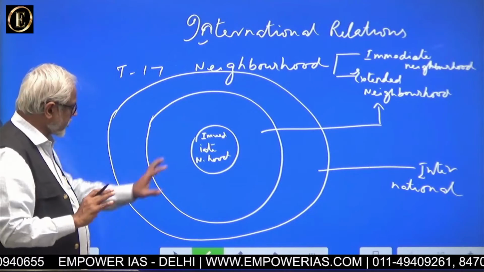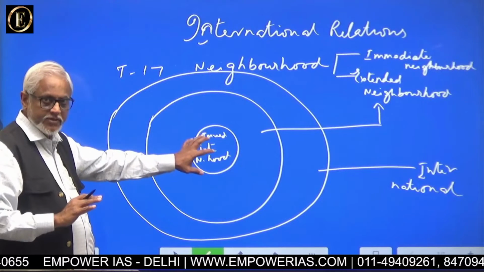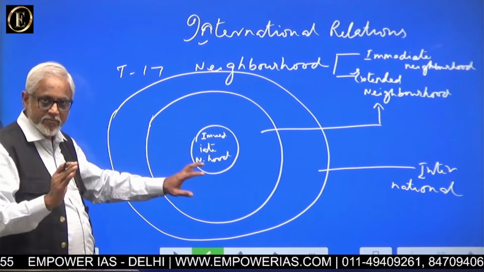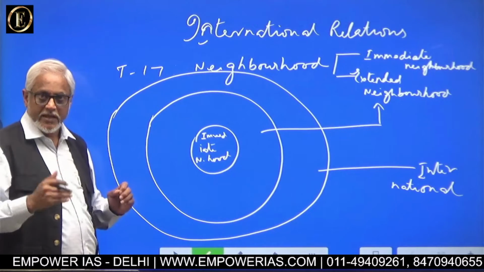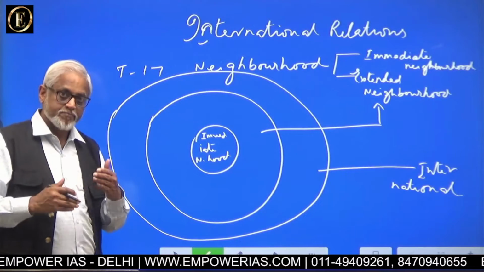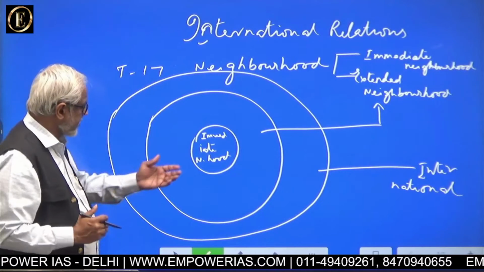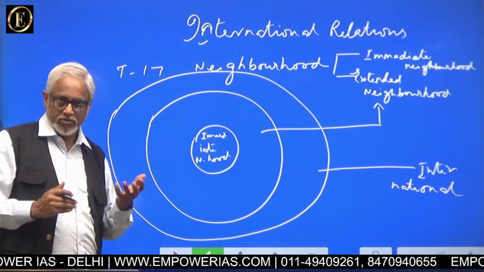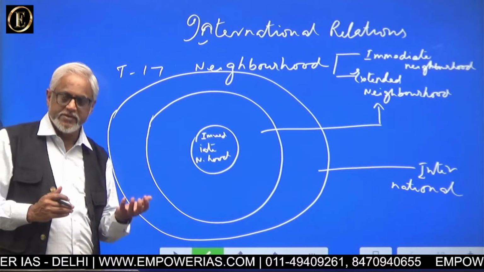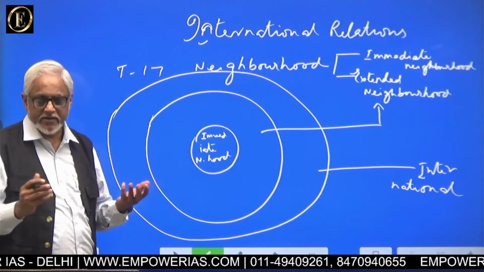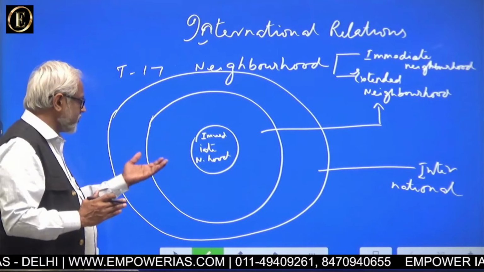Now, India's relationship, India's focus, India's strategy, India's plan of actions, India's level of engagement or nature of engagement with the countries within immediate neighborhood cannot be identical to the extended neighborhood.